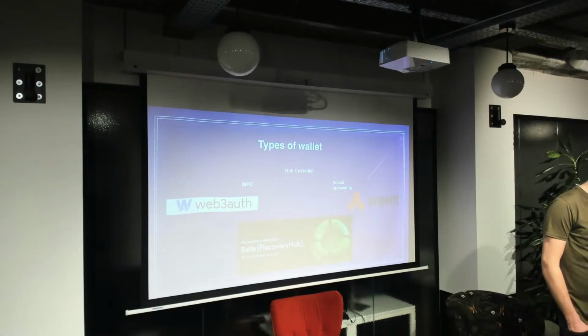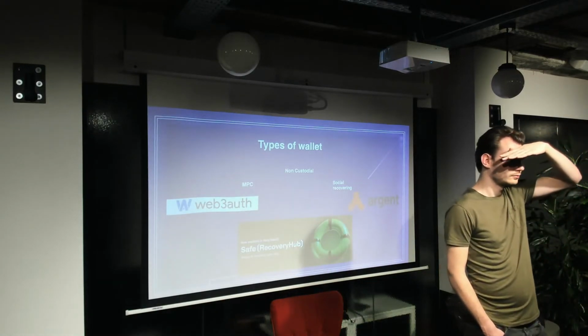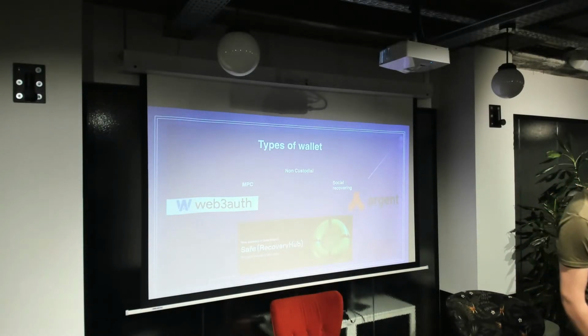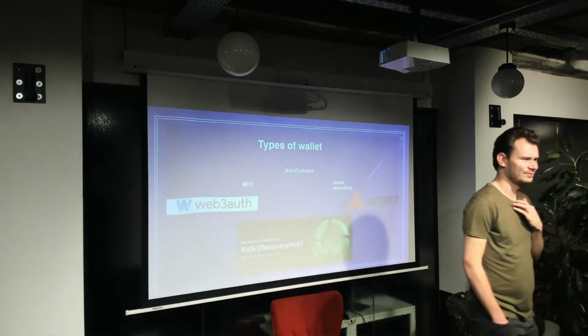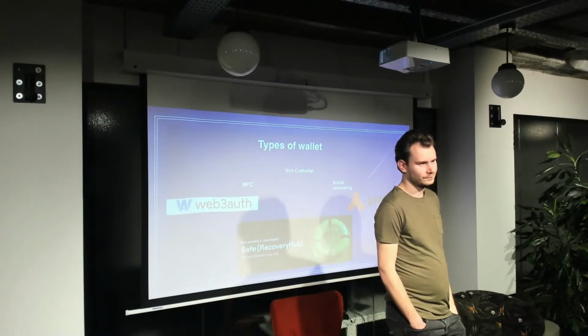I think there are two things that stand out from the ones that I know. One is Google Wallet, and they have the factor. You can create a wallet by scanning your face, but then you can add an extra factor like your fingerprints, and then you can add another extra factor.